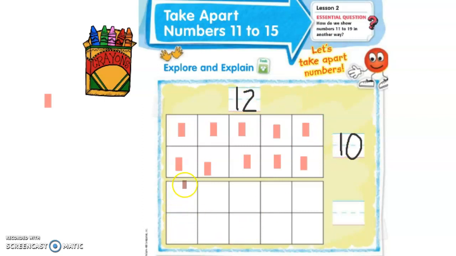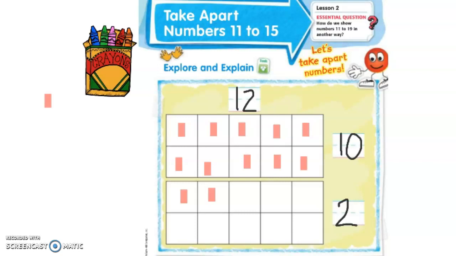We were at 10. Here's 11 and 12. Now how many did we need to add to our second tens frame? 1 and 2. So we used 10 counters in our first tens frame and 2 in our other tens frame to take apart the big number 12.